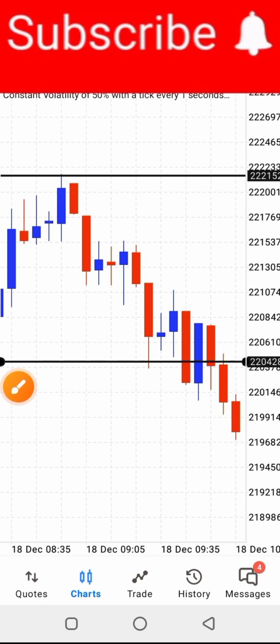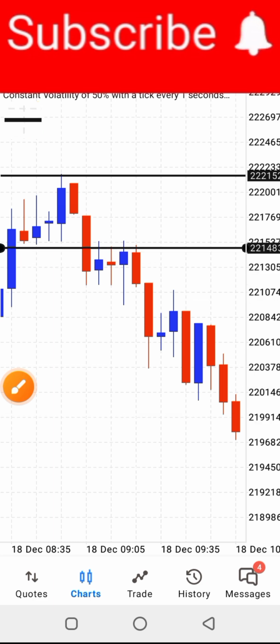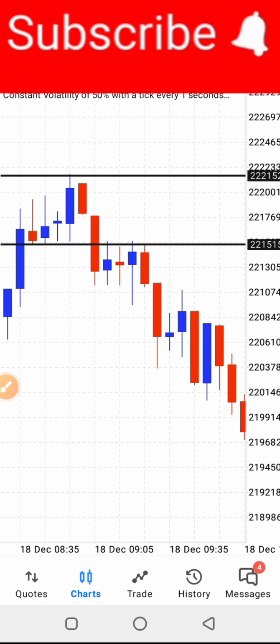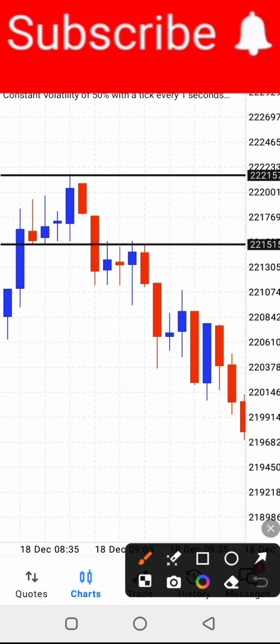All you need to do is place a horizontal line to mark out the boundary of those three candles like this. That is your order flow, and as you can see, when a bearish candle broke below it, we had a retest of it, and then price continued in the downwards direction.